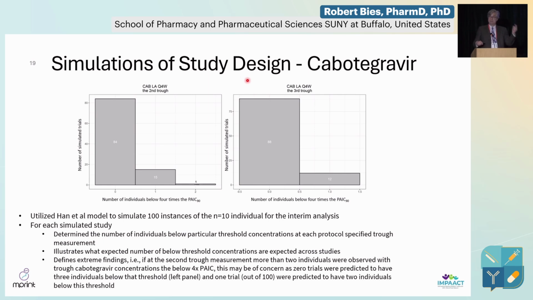So you can imagine at the second trough, if you saw 4 individuals with concentrations below the PAIC90, that would suggest that our assumptions are violated in this simulation. We need to go back and think about why there are those substantial differences. So it helps to define extreme findings and maybe help guide decision making on the part of the DSMB and other safety board considerations.